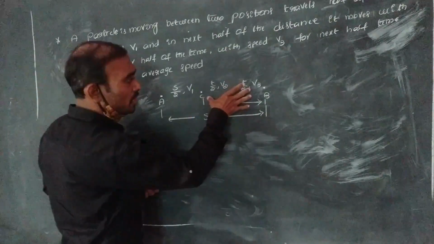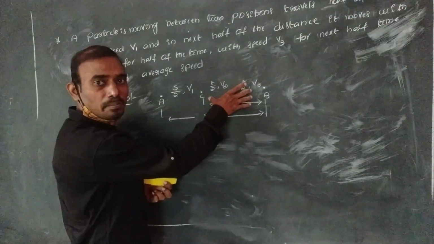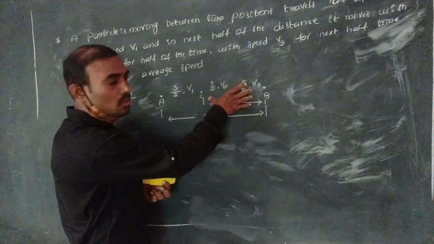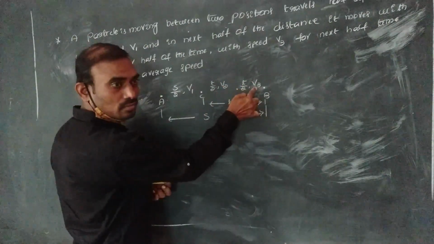So here the second part is similar to the half time period method. What are the speeds here? v2, v3.